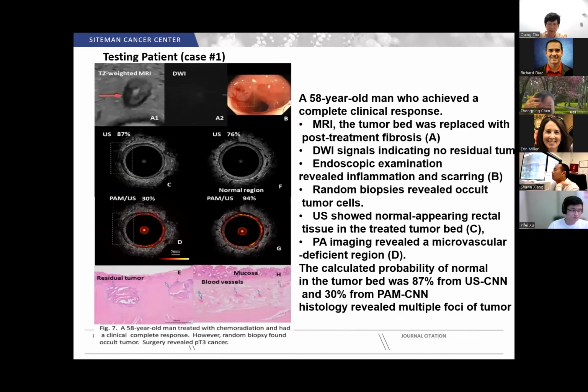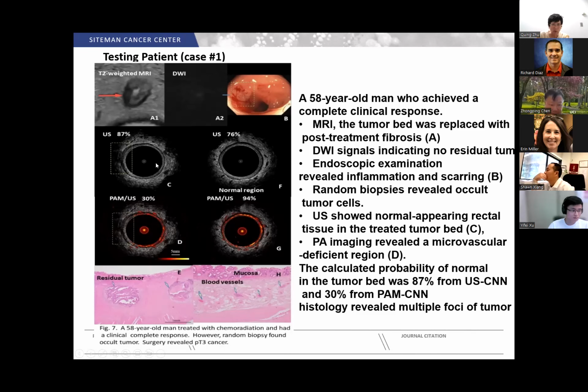And this is what we see in testing. So I'll walk you through this busy picture. MRI in this case indicated post-treatment fibrosis, and the diffusion MRI, which is also used in regular standard-of-care evaluation, shows no tumor. And this is the scope image. The surgeons use their camera and see something like scar tissue, and they don't know what this is.